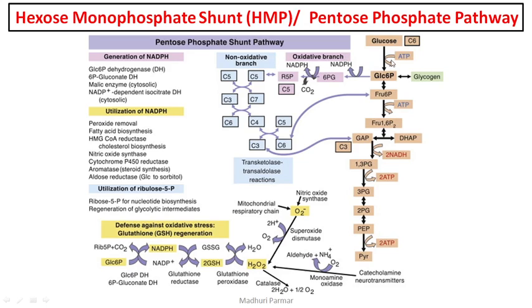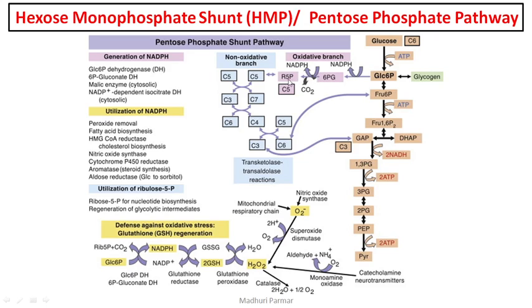Just focus here. The first step is the same as glycolysis: glucose gets converted into glucose 6-phosphate. Now this glucose 6-phosphate gets converted into another molecule known as 6-phosphogluconolactone. The name is not important; just know that another molecule can be produced, and during this process one molecule of NADPH is synthesized. Now this 6-phosphogluconolactone gets converted into ribose 5-phosphate.